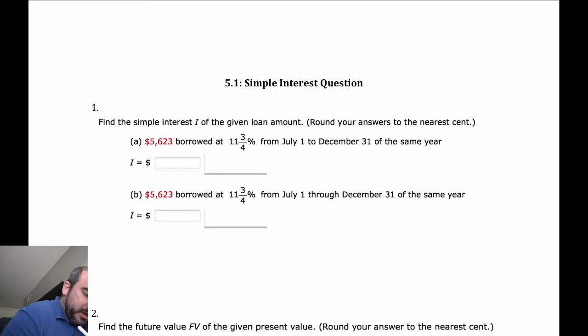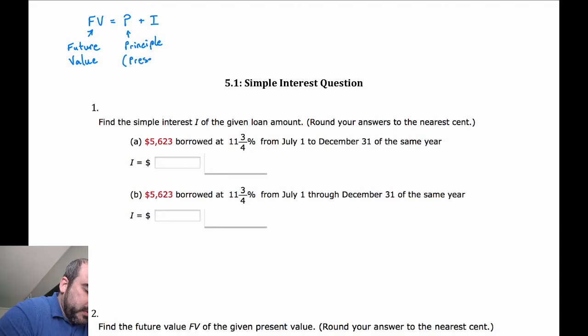I'll just put both of them up here at the top. Future value, we'll shorten as FV, is going to be P plus I. So let's label these. This is future value. P stands for either principal or present value at the start of the loan, and then I is going to be interest.